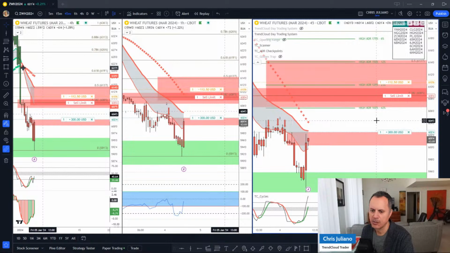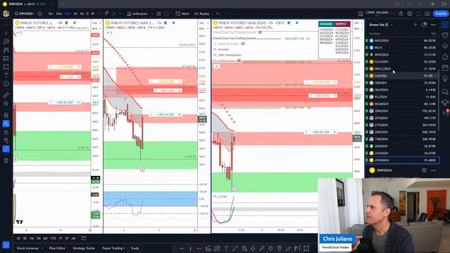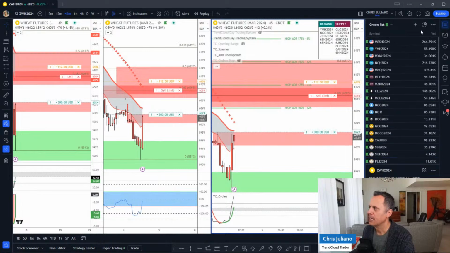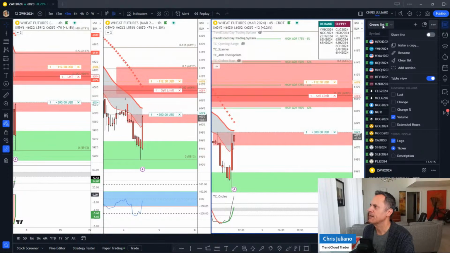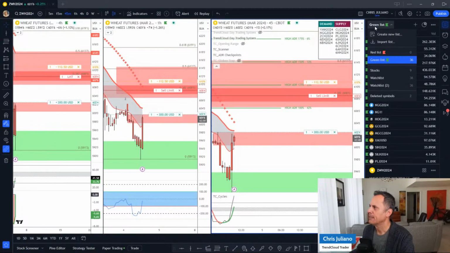And I also share with you the watch list in that document as well. So in that document that you've got there now, you have this watch list, and I show you how to import it. I show you exactly how to import everything. And you would do that right here. Import list, okay?